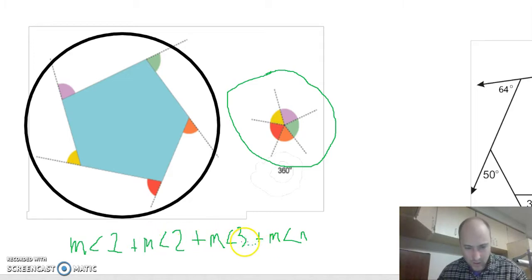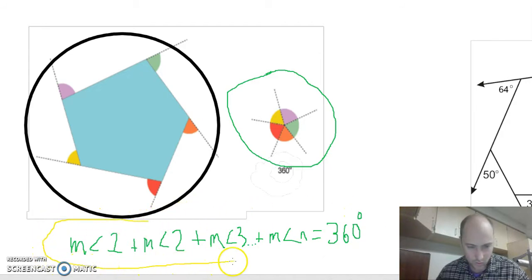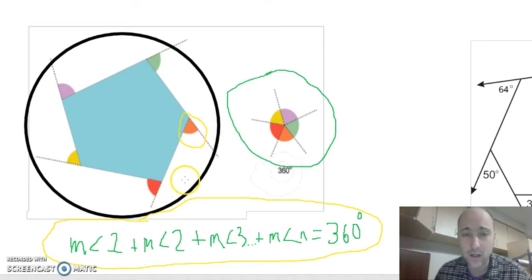So however many goes up till n, the number of sides in your polygon, is always going to be equal to 360 degrees. That is the theorem right there. Let's circle that in bright yellow. This is our Theorem 7.2, Polygon Exterior Angles Theorem. If we take these exterior angles, these outside angles, and add them up for any size polygon, they will always sum to 360 degrees.